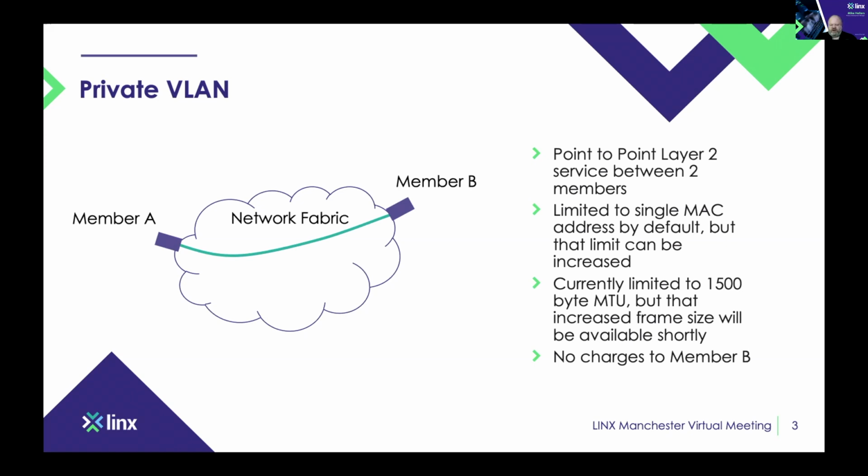The reason is that we had demand from a number of members that, depending on the service you want to run across this, you might still want to end up with a 1500 byte usable MTU. So having a larger MTU available on this service will allow you to achieve that.